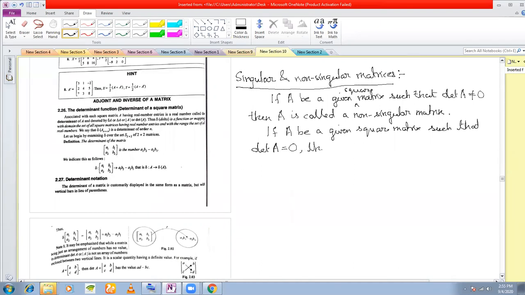Then A is called a singular matrix. If the determinant of A is 0, then we call it a singular matrix. Remember this definition, singular and non-singular. So determinant A is equal to 0 means singular. Determinant A not equal to 0 means non-singular.